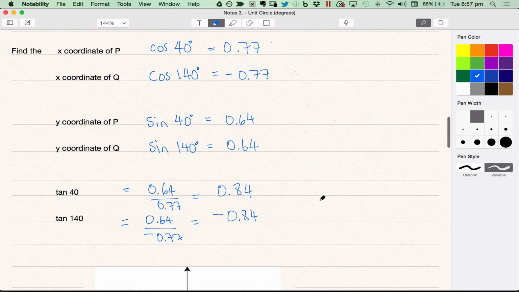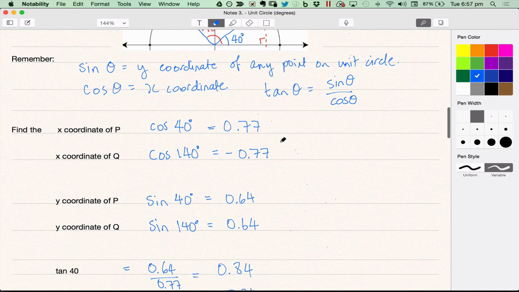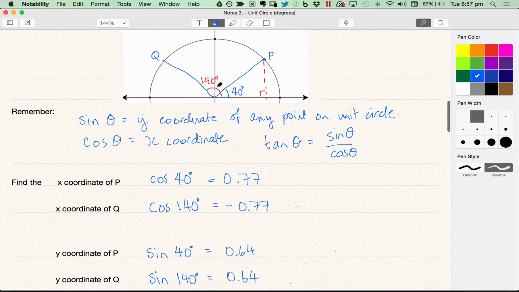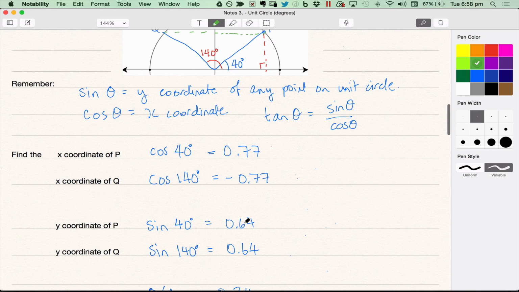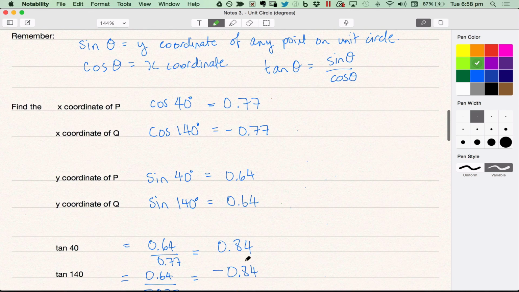Okay, what does this all mean? What we found out is that for both of these angles, and when I drew it I intentionally made them directly across from each other, so the y value should be the same. For both of these angles, they get similar results for sine, cos and tan.